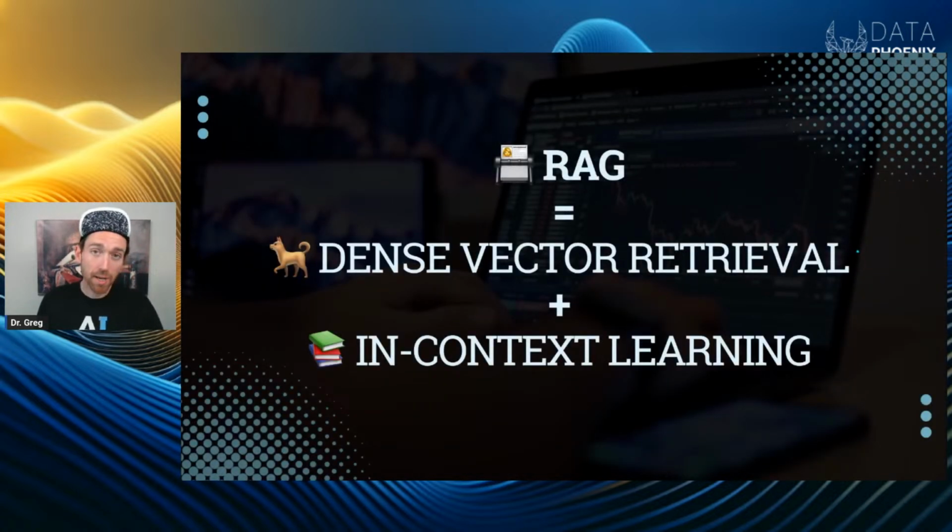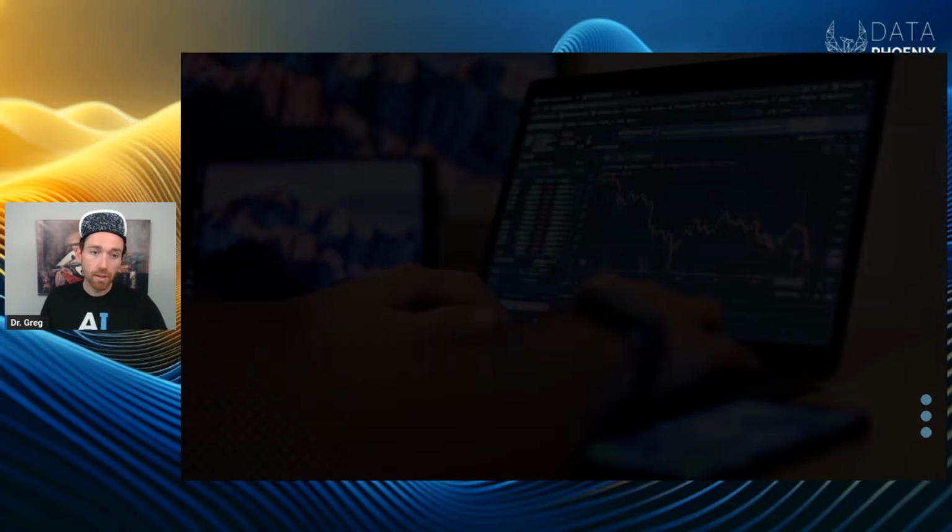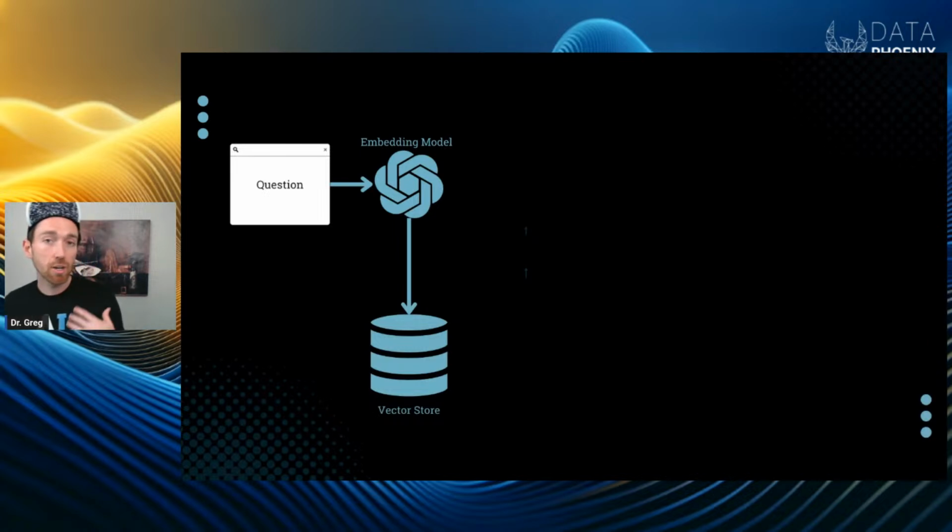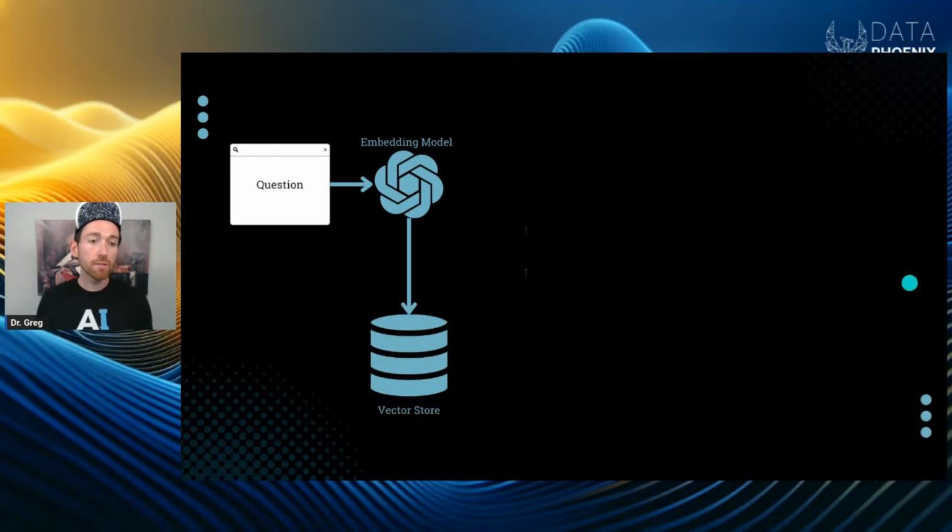RAG can be broken down into 2 primary aspects: dense vector retrieval and in-context learning. When we talk about asking our question to a RAG system, we're talking about putting it through an embedding model, searching for stuff that's similar in a vector store, in embedding space.